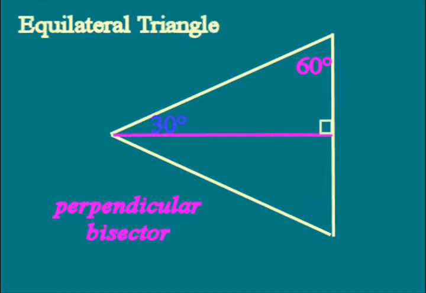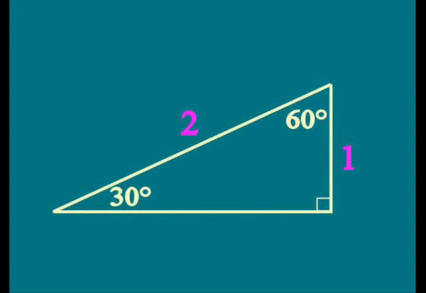To avoid fractions, let's choose 1 and 2 as the lengths of the sides. How do we find the other side? Of course, the Pythagorean theorem. Square root of 2 squared minus 1 squared is the square root of 3.